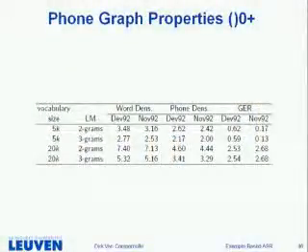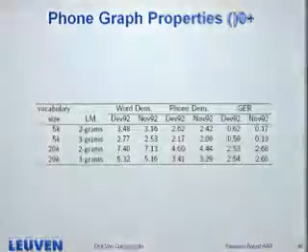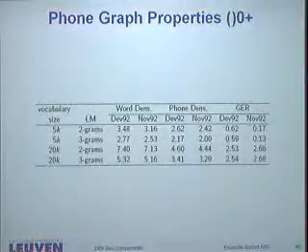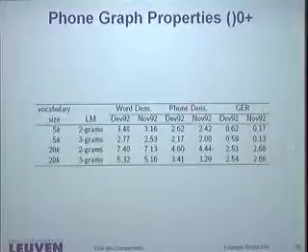On the lattice, when we do it for... there's something wrong here. There should be 0, Wall Street Journal 0 plus 1, so much bigger ones now go to 20K. And there are out-of-vocabulary words, so we will have graph error rates on the order of 2.7%. What does GER mean? I think graph error rate.